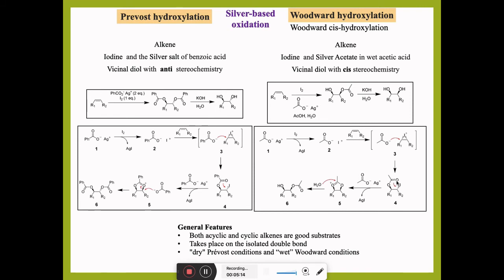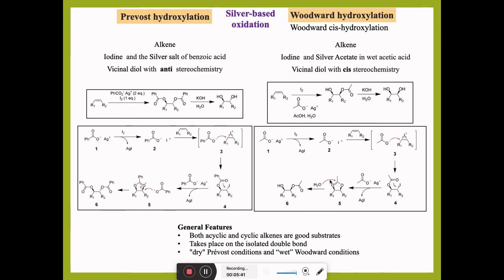in this case the oxygen will displace this iodine and we will get this molecule. Now there is a positive charge on this carbon which is attacked by the water molecule which is present in the medium. So this water molecule will attack, and there is an opening of this ring.